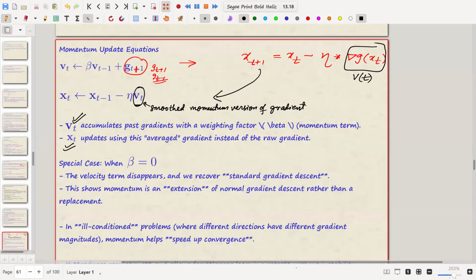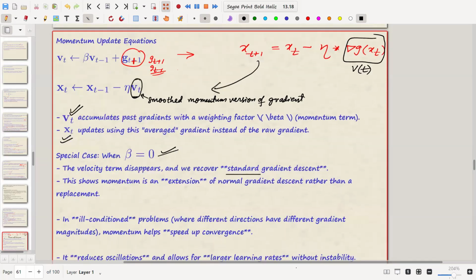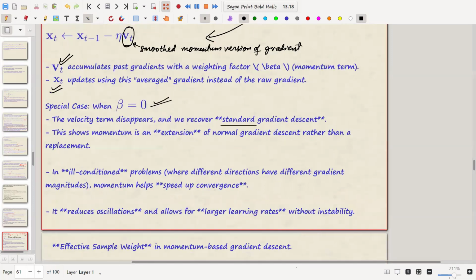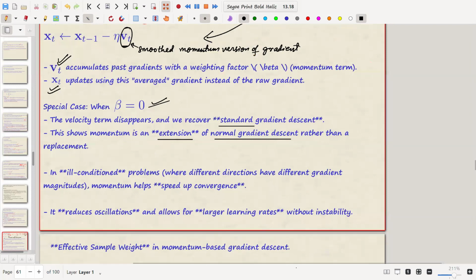In the special case beta equal to 0, when you put beta equal to 0, you get the same as the gradient descent method. The velocity term disappears and we recover the standard gradient descent method. This shows that momentum is an extension of the normal gradient descent method rather than a replacement.